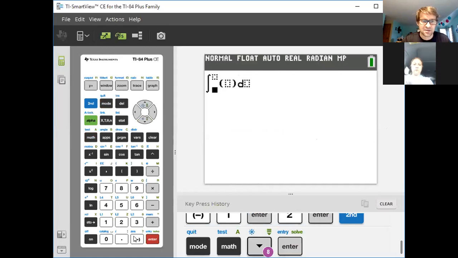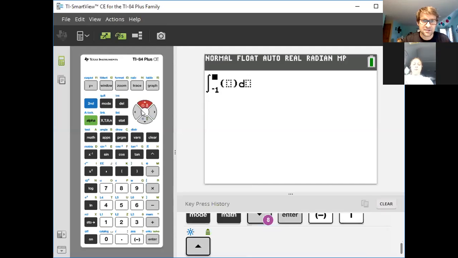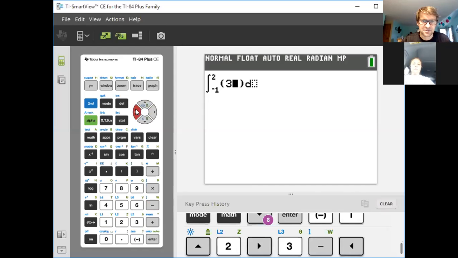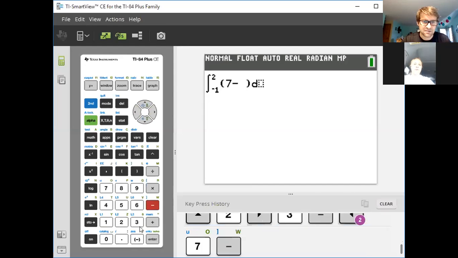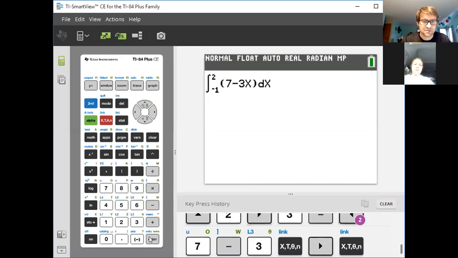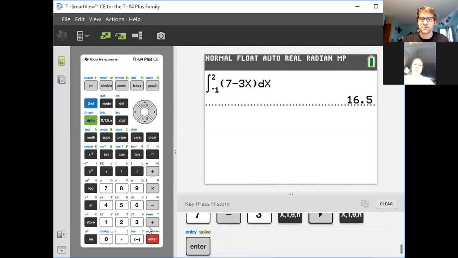We can just type in the equation, -1 to 2, and inside the parentheses 7 minus 3x, dx. Press enter. 16.5. I really want to show you guys this trick on the calculators to make this a whole lot easier.